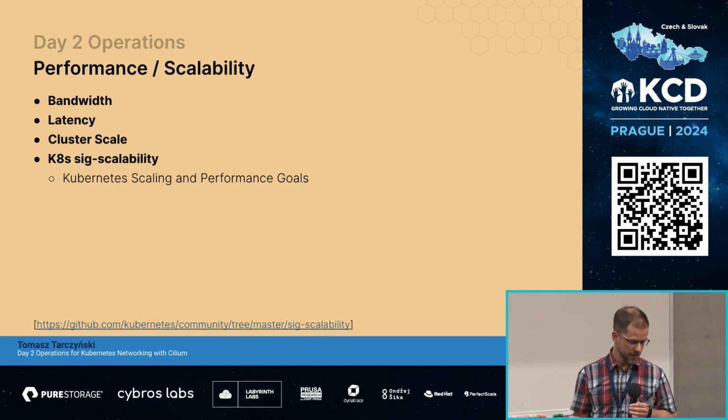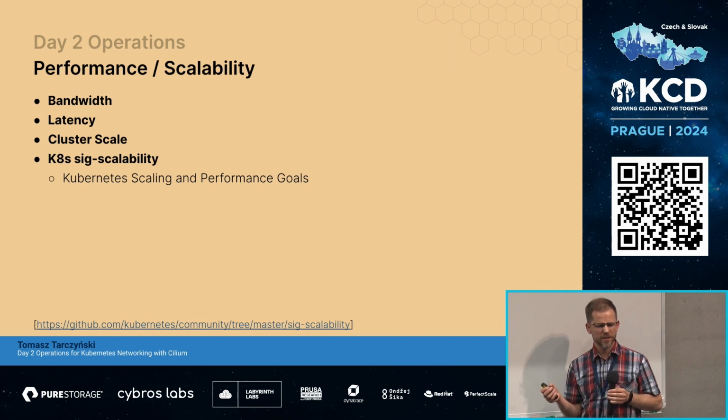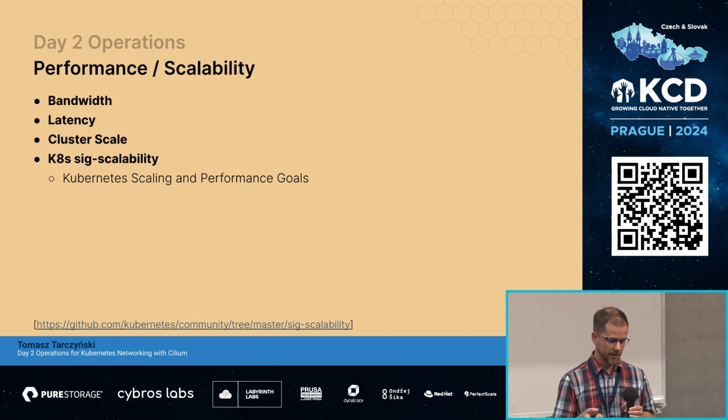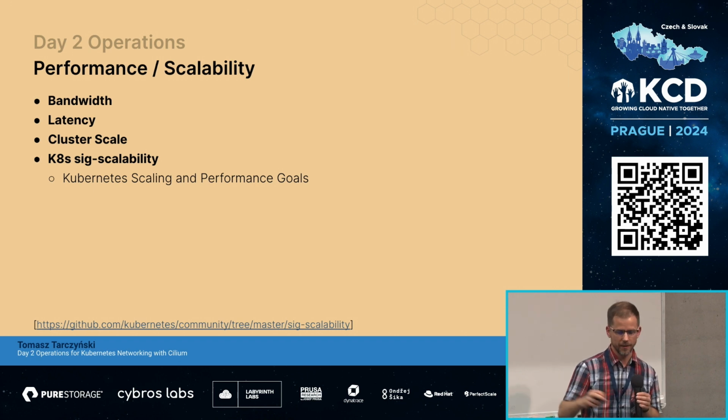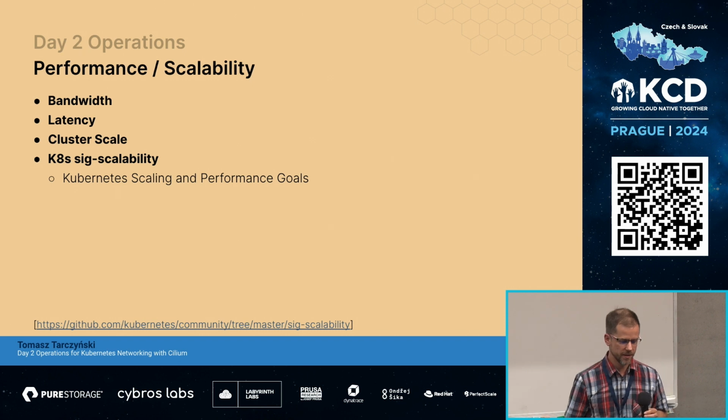Thinking about performance and scalability, it's mostly the two factors I already talked about. Then trying to plan: are you well prepared to run at the scale that you need? There is Kubernetes SIG Scalability that discusses those topics.